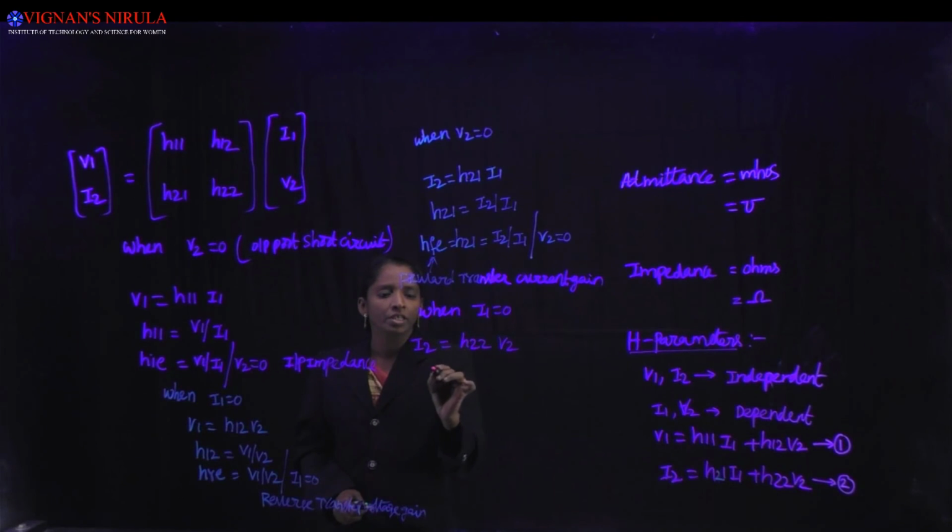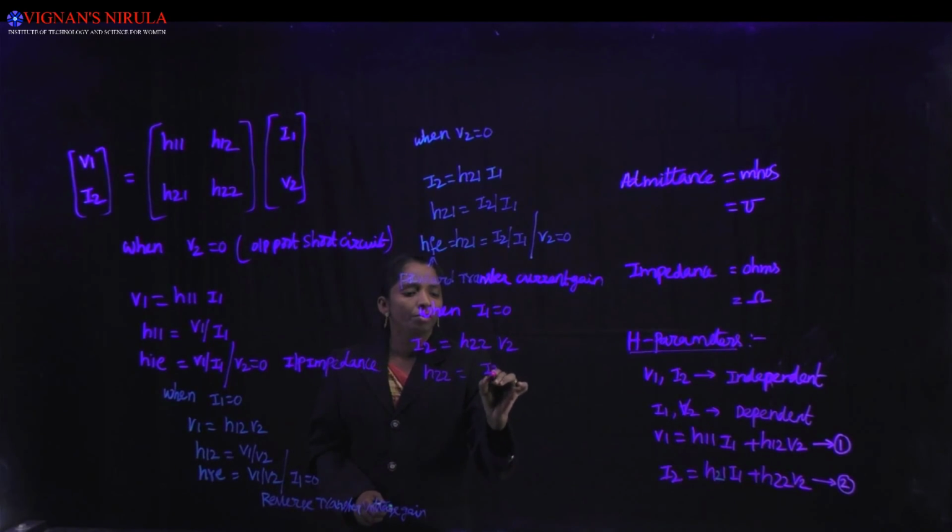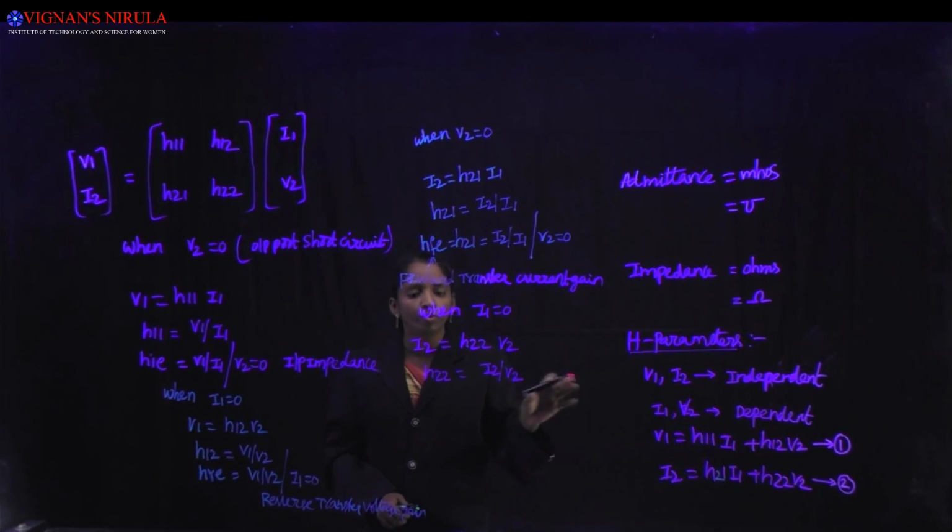From this equation, H22 equal to I2 by V2. So this is the formula for admittance. Am I correct? Current by voltage. This current is at the port 2 and voltage is also at the port 2. So this is called output admittance because we are getting admittance at the output port.